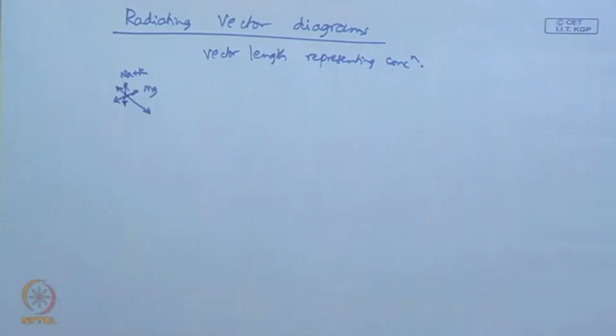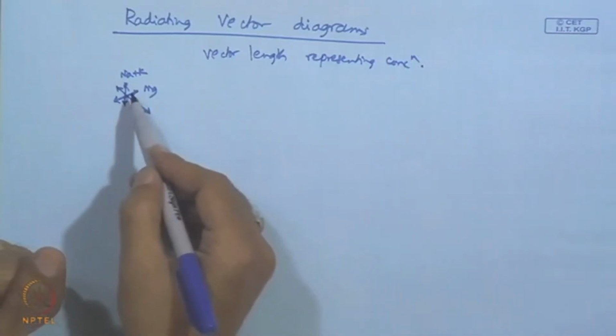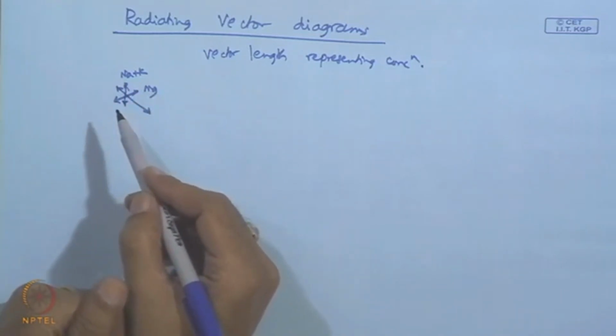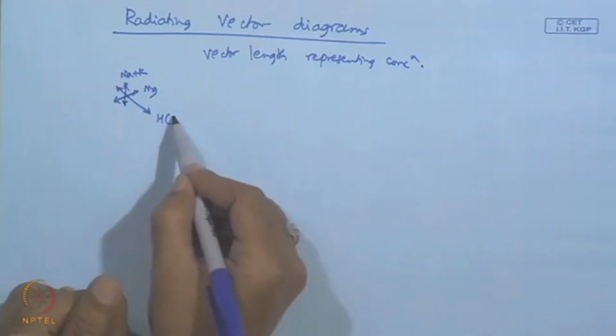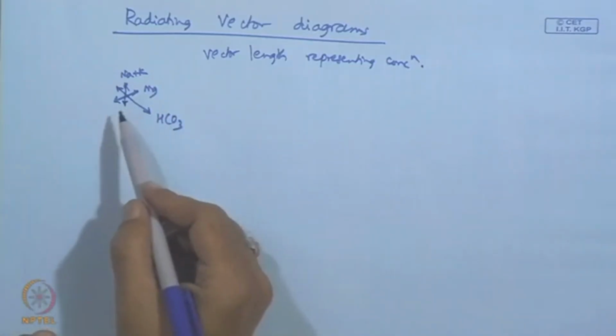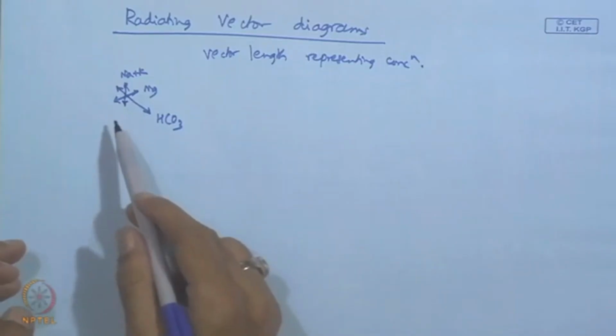So, in this case there are, say, Na, Mg, Na plus K, Mg, then HCO3. Okay. So, we will continue this in the next class. Thank you.